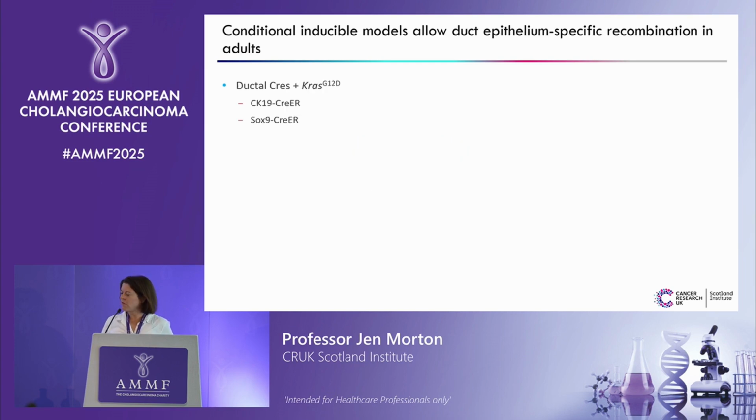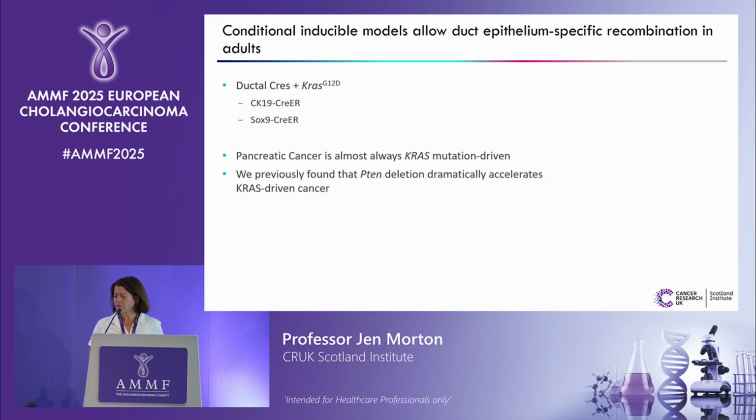So how we did that was to use ductal CREs, either a cytokeratin 19-driven CRE-ER or a SOX9-driven CRE-ER, both of which should allow targeting to the duct epithelium. Pancreatic cancer is almost always KRAS mutation-driven, so we picked that as our first hit.